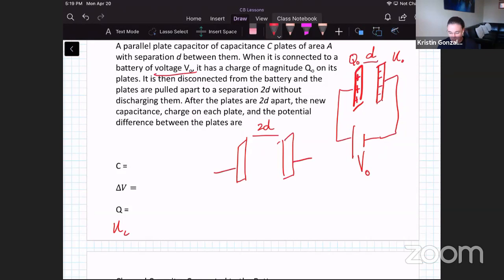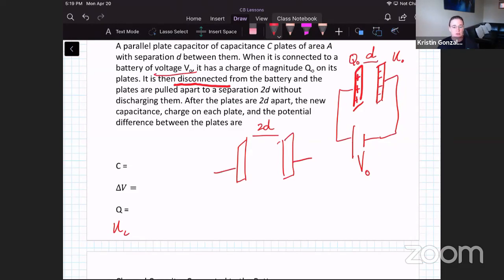Okay, so there's a couple of things you want to keep in mind here. When it is disconnected from that battery, what that means is that whatever charge we had is all the charge we get, right? Because those charges that were being pushed out from the battery, now we don't have that kind of continual charge on there. So if we have this disconnected from the battery, then the charge that we had on there is conserved, right?